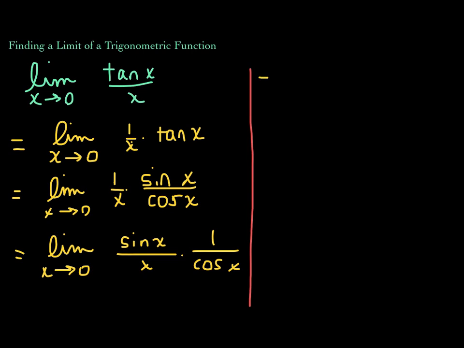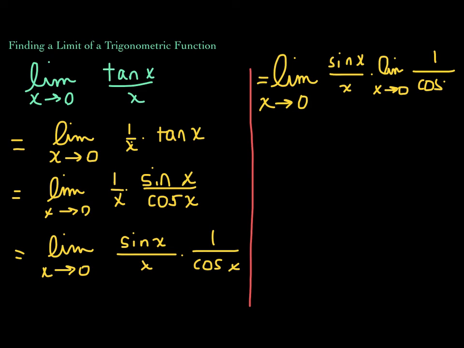So then this is equivalent to, let's see, what we can do here is use the product rule for limits. So this is equivalent to the limit as x approaches 0 of sine of x over x, and that is something that we can evaluate, times the limit as x approaches 0 of 1 over cosine of x.